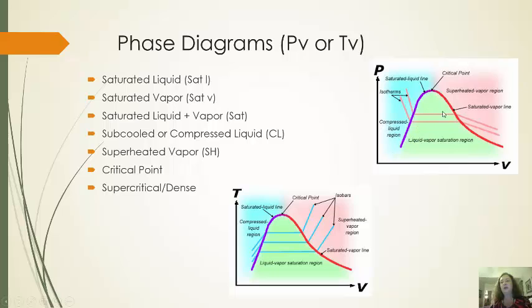This region created under here, the dome, is a liquid vapor saturation region. So you have both liquid and vapor. And as the volume changes, you go from very little vapor to almost entirely vapor moving across here. This side of the diagram is the compressed liquid region. This over here is going to be superheated vapor region, or just a gas. And above here is that supercritical, or a dense fluid.